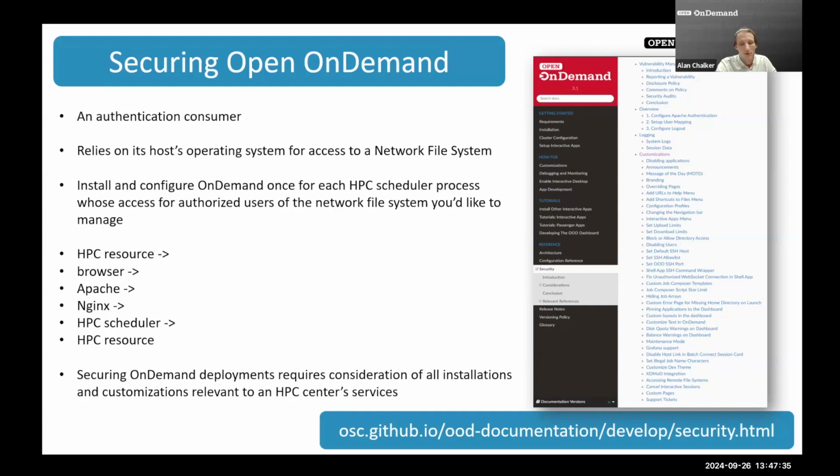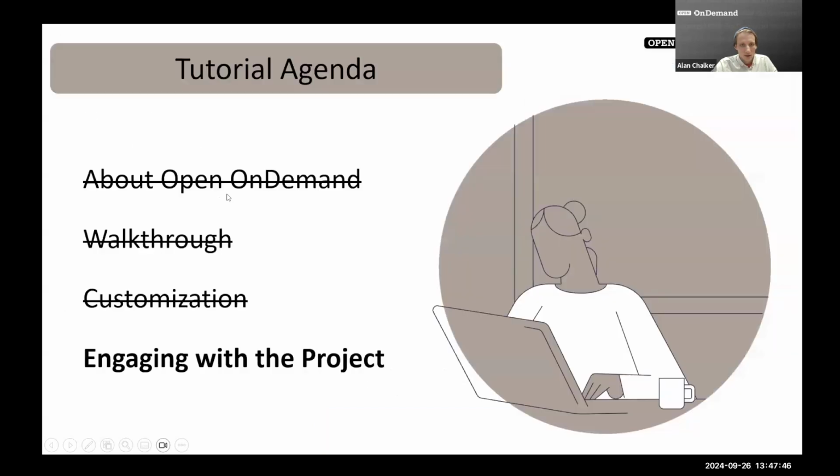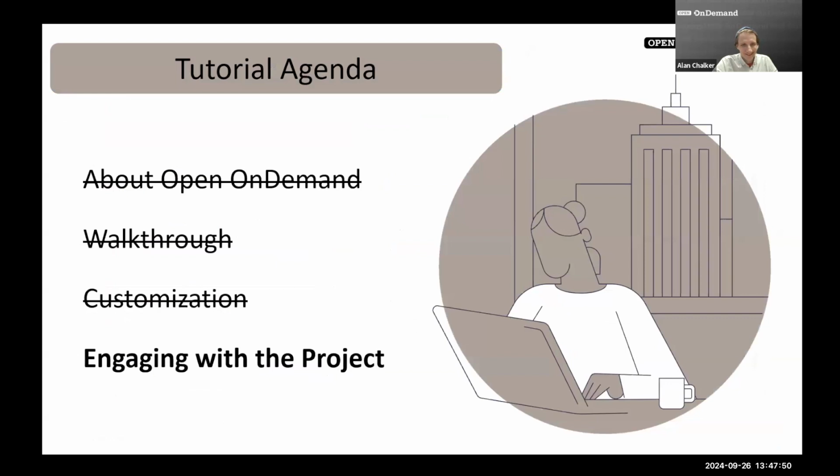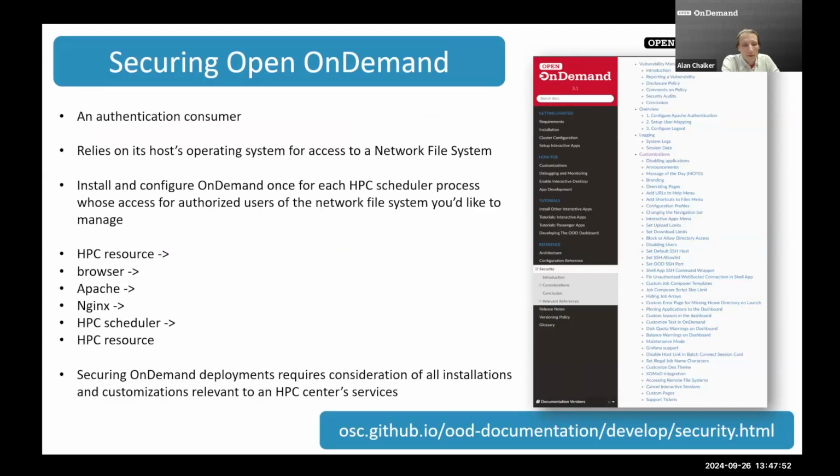There are some good diagrams in our documentation that you can get to if you go not all the way to that link, but just to the OD documentation part. Yeah, the network file system is really important because OnDemand isn't an API.